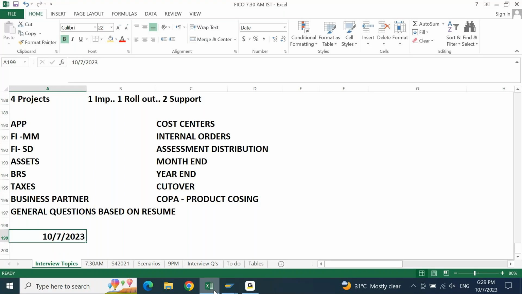Similar to the internal order AUC concept, more or less the same concept is applicable for product costing also. Everything you load to your order, from your order the cost will be allocated to your finished product.